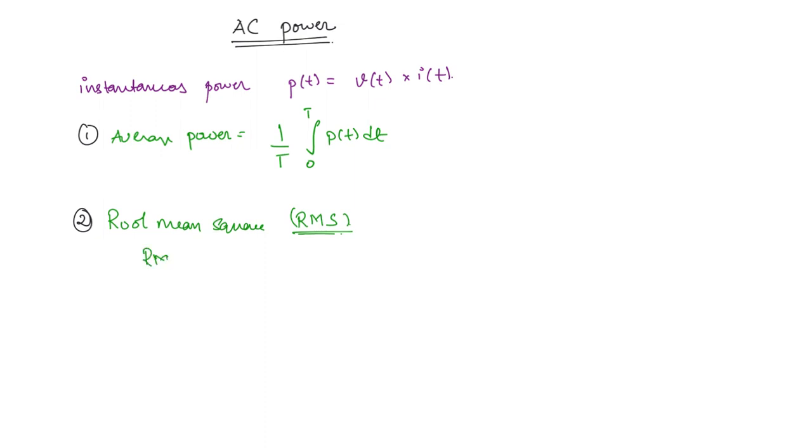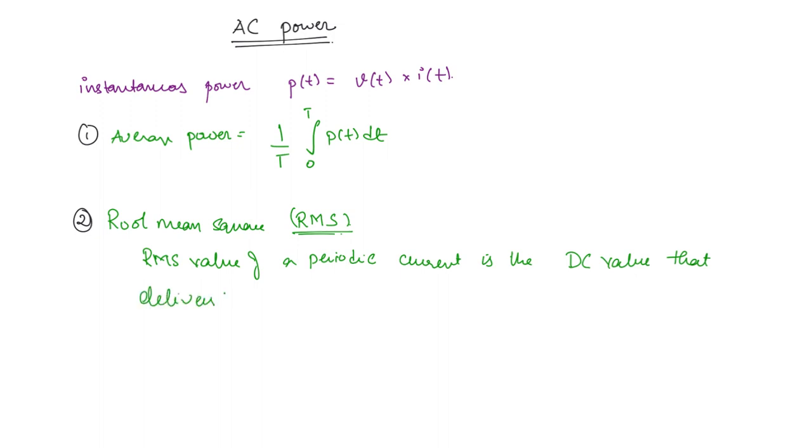The RMS value of a periodic current is the DC value that delivers the same average power to a resistor as the periodic current. So we will see what it means.